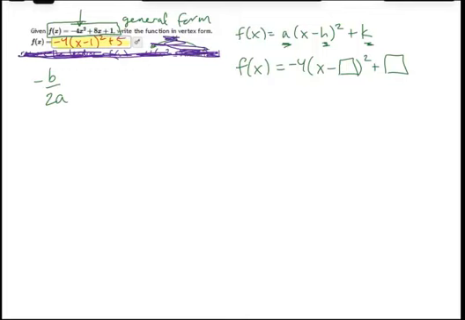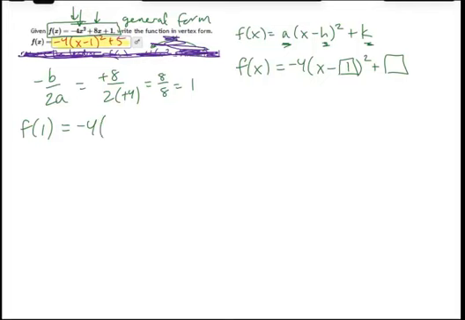So if we find the vertex by using the form that's specific to the general form, we have our b value of 8, so we get -8 over 2 times our a value is -4. The negative signs cancel. 8 over 8 reduces to 1. So we get an x coordinate of 1. So we can plug our 1 in there. That's the h value. And we can evaluate f of 1 to find our k value.